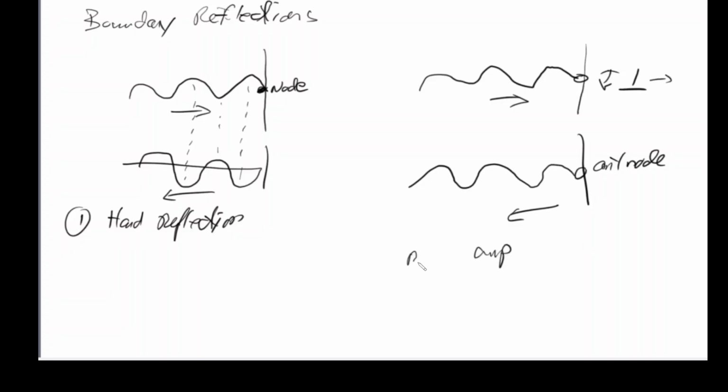The reflected amplitude is 2 times the initial amplitude, and this is called a soft reflection. And this is the second way a wave can reflect.